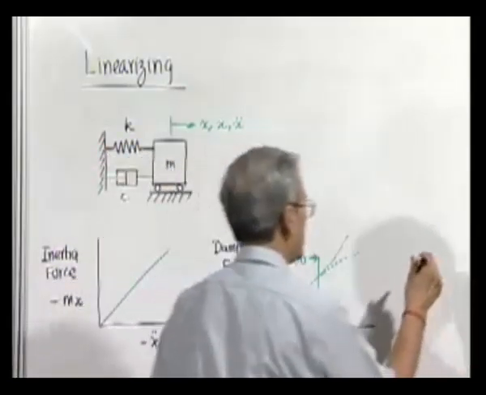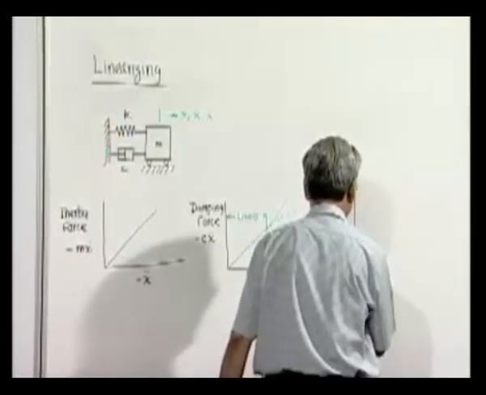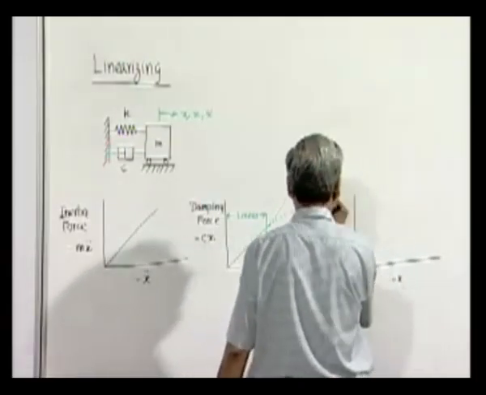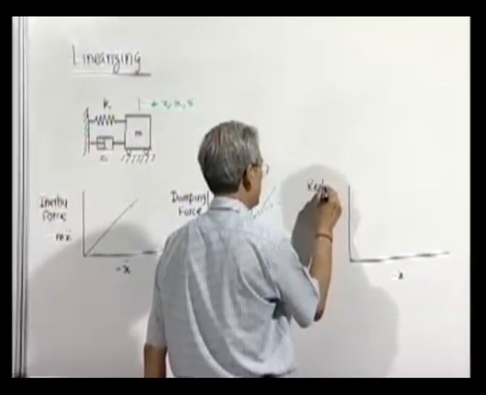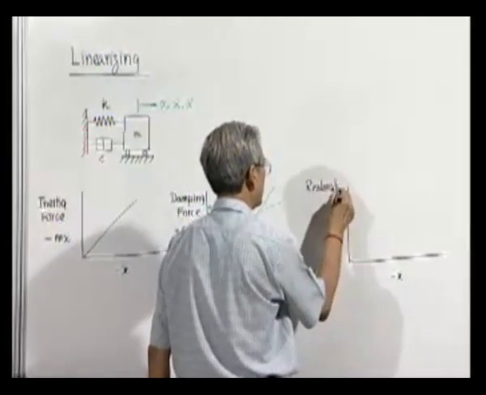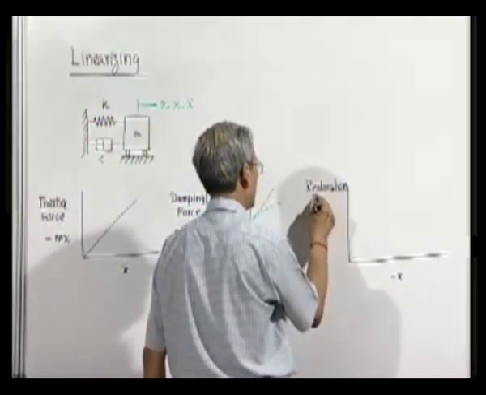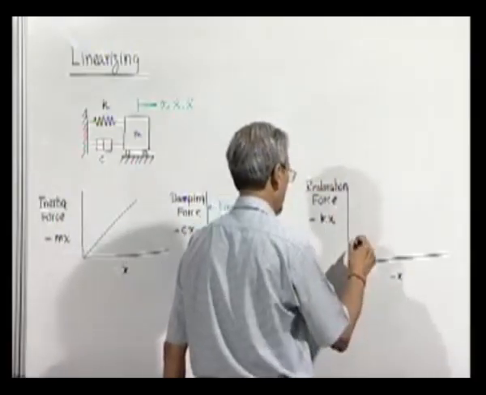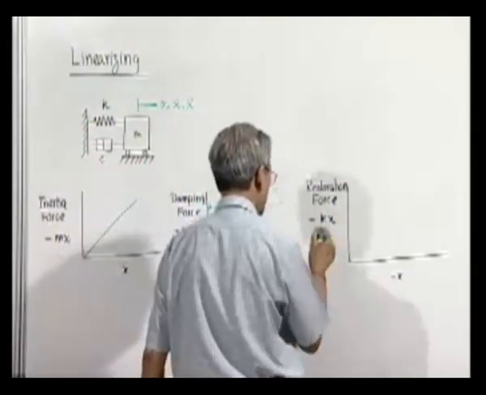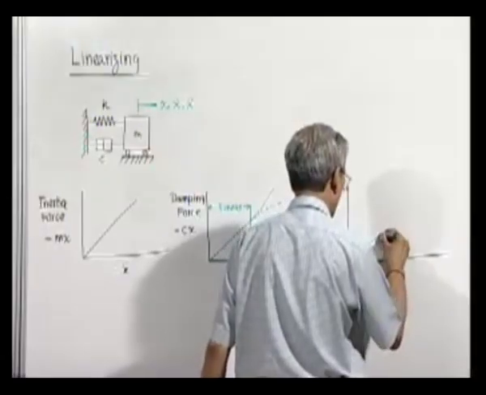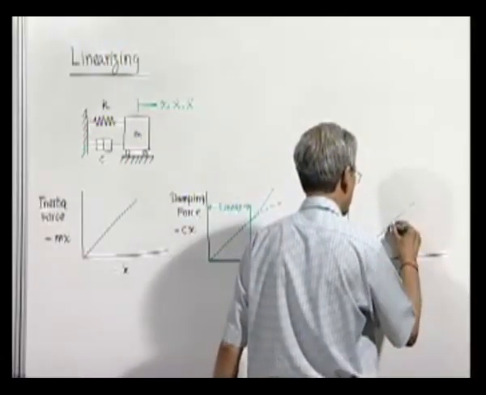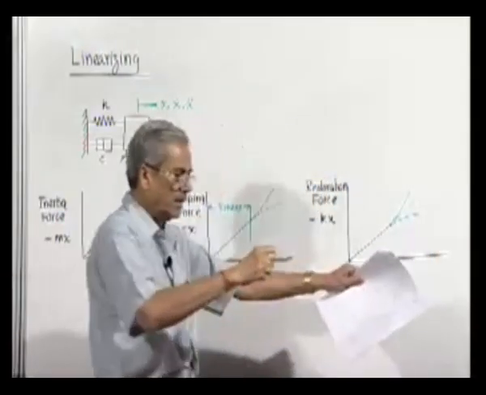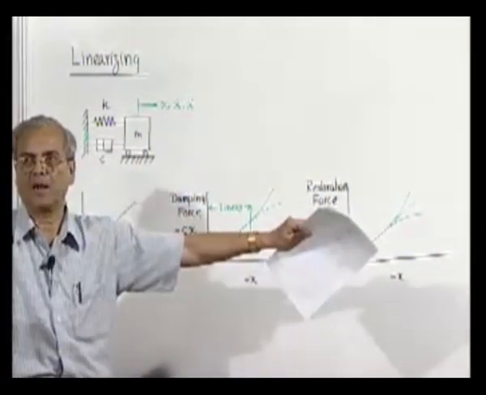Finally, the restoring force again appears to be linear, but we all know that if we stretch a spring too far, then it tends to become harder and harder and harder.